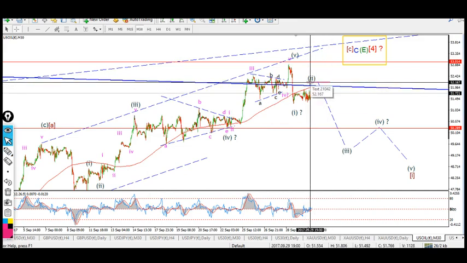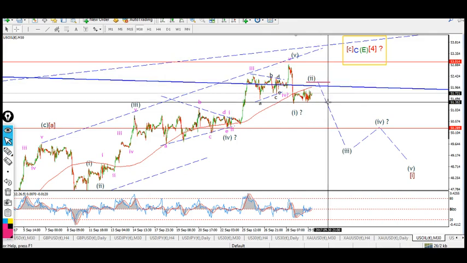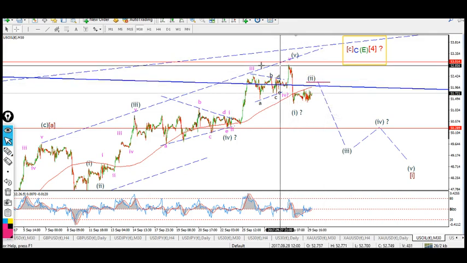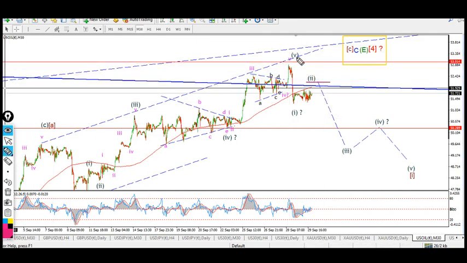Above that larger trend line, yeah, the low 52s, and a turn down that will create a lower high and a turn to the downside. And we'll be looking for wave 3. So for early next week, I'm looking at the completion of this wave 2 correction, and then signs that wave 3 to the downside has arrived.